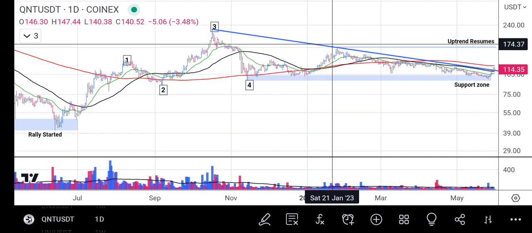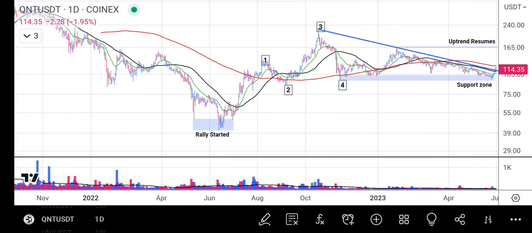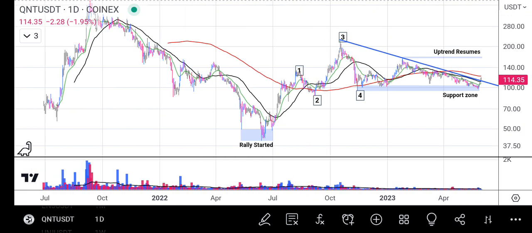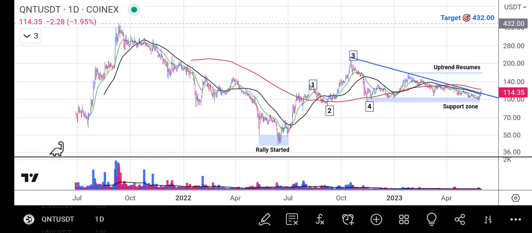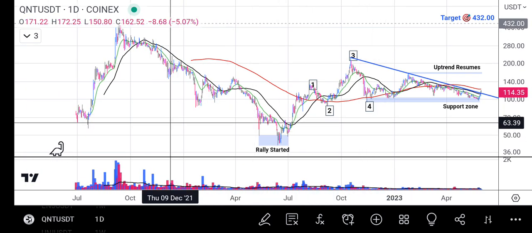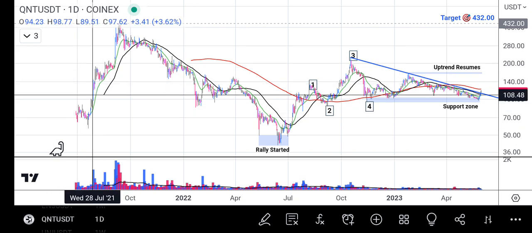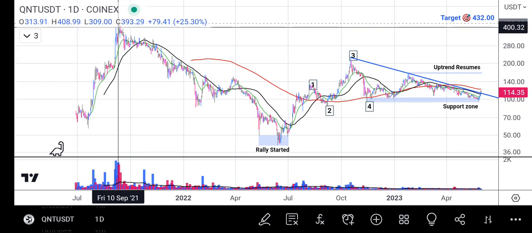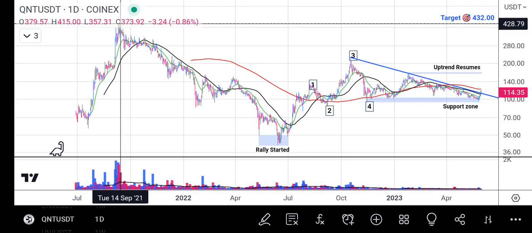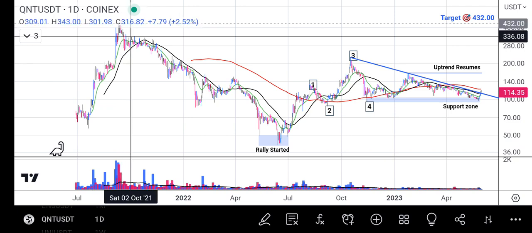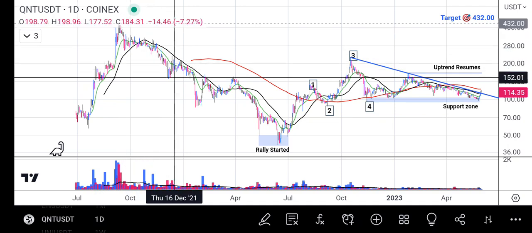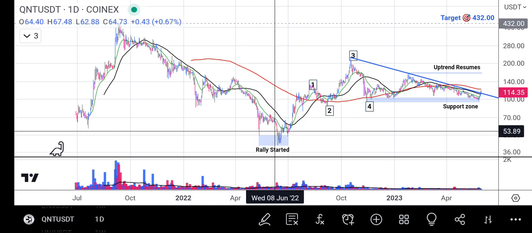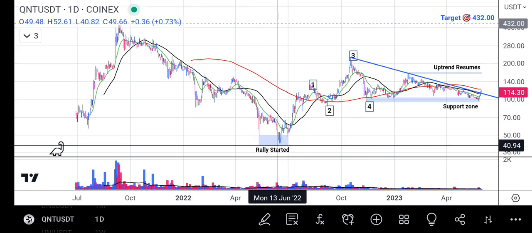Our projection is the level of the last resistance that QNT made prior to the bear market hitting very hard, and that is around 432. When you look at the chart from the start of the launch of the coin, it had a rally in the beginning. That's a very strong indication that it's a very successful project, and it made a high of around $432 before the bear market hit QNT hard and sent it into a long-term correction, which then stopped at the point where the rally started.